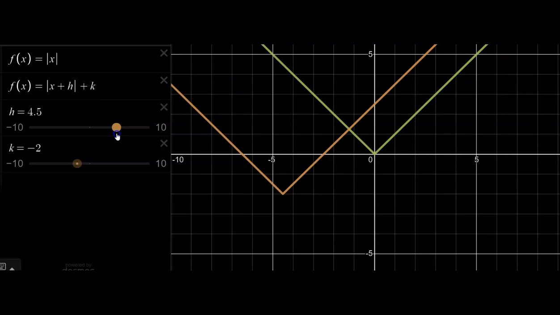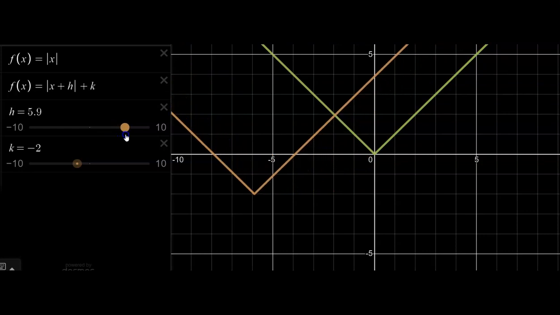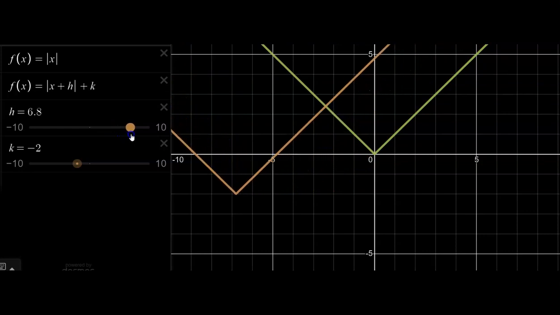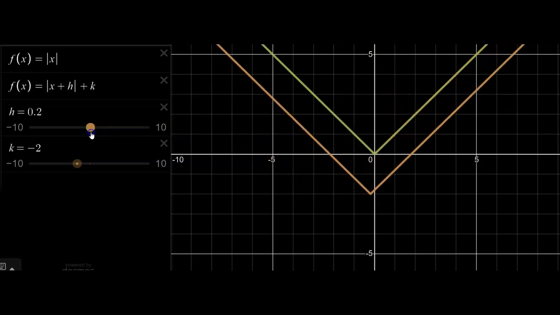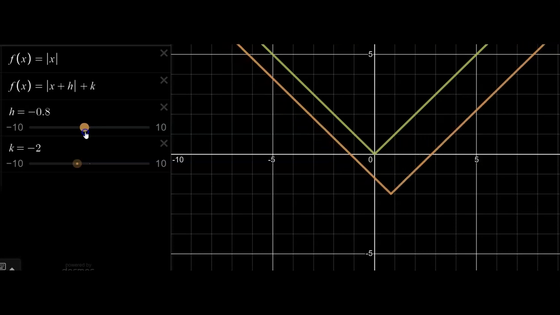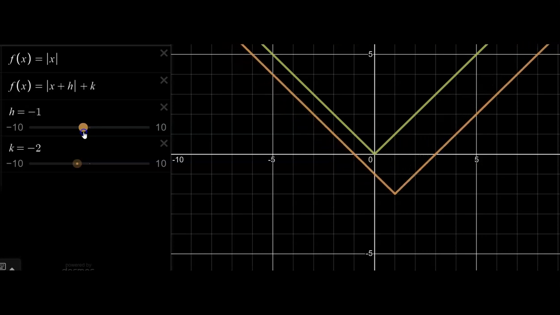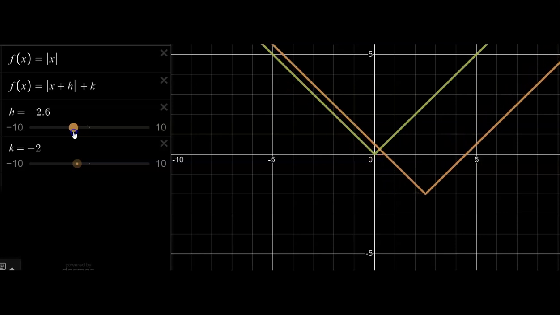To the left. If h is positive, the graph moves to the left. What happens when h is negative? The graph moves to the right.